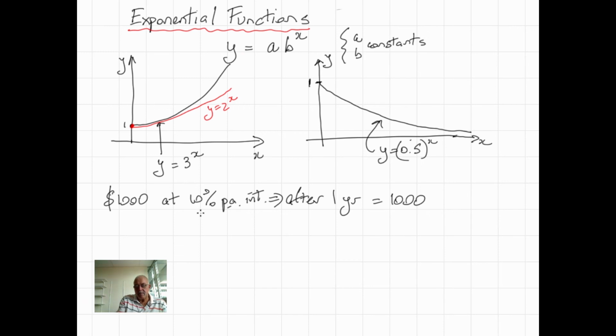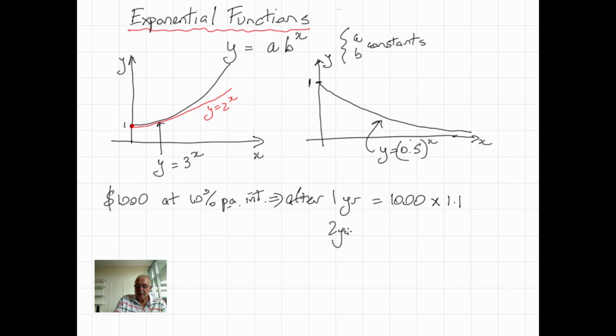Now, you could find 10% and add it on. A quicker way of doing that is to just say, well, okay, 100% plus 10% is 110%. So that'll be just 1.1. 110% is 1.1. So that's how much you would have after the first year. So 1,000 times 1.1.